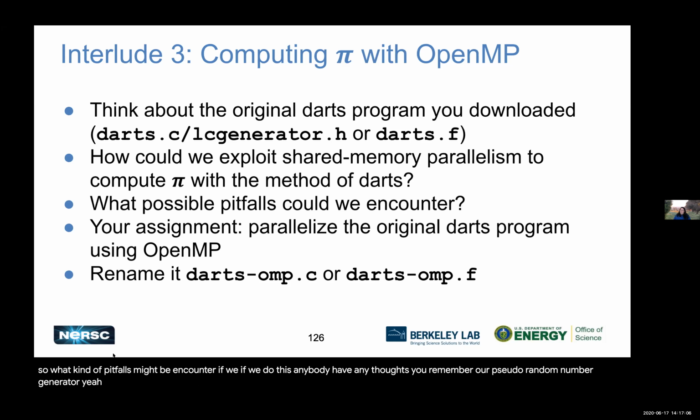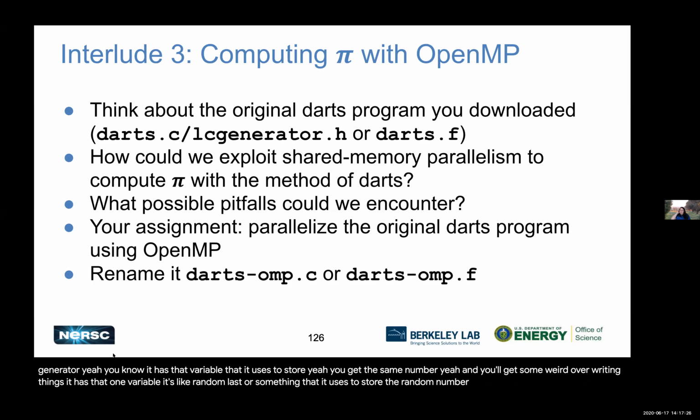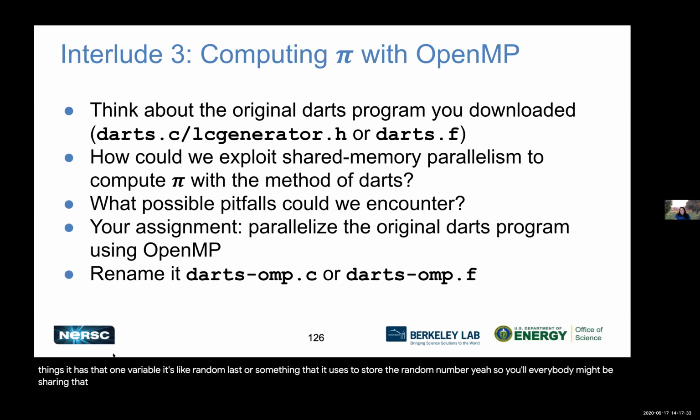It has that variable that it uses to store the random number. Random last or something. You'll get the same number, and you'll get some weird overwriting things. Everybody might be sharing that, and so it's not thread safe, that's for sure.